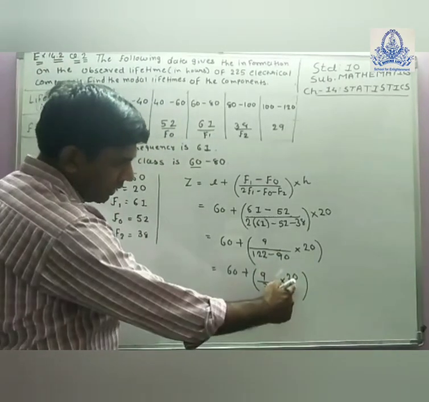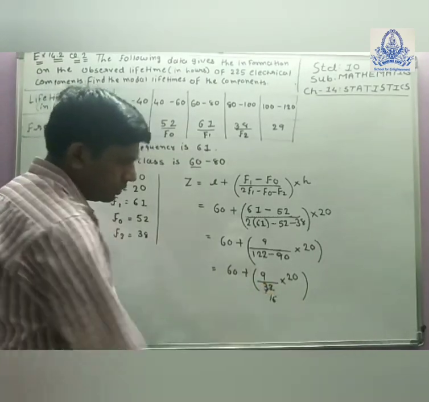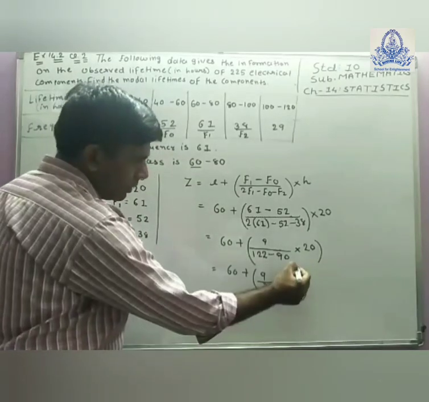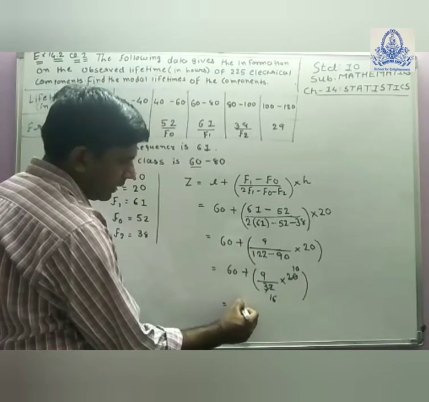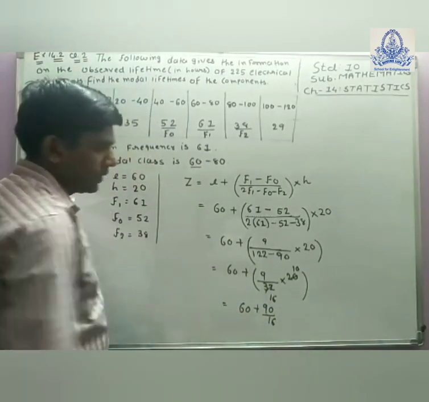Now this 20 and 32 both will be divided by 2. So 16 2s are 32 and 10 2s are 20. Now 10 multiplied by 9, so 90 upon 16.